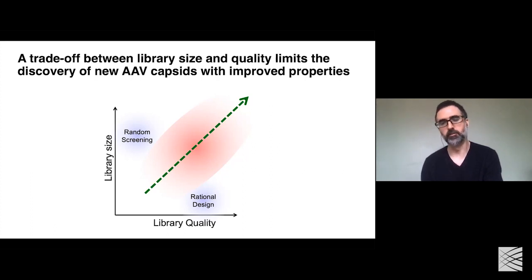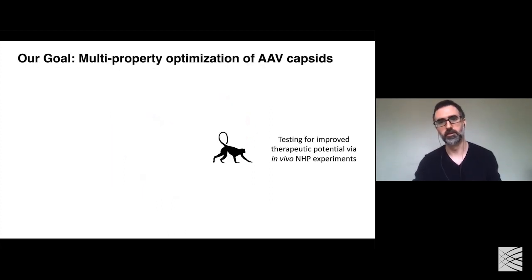In other words, that's improving the quality of the library. But because not a lot is known about AAV and there's still a lot of basic biology we don't know, it's hard to make a large number of good guesses about how to improve an AAV. So again, that's not ideal. The goal of our work was to ask, with a more data-driven approach, can we be in the top right? Can we have both high-quality libraries informed by data and a large number of variants to increase our chance of finding an improved variant?